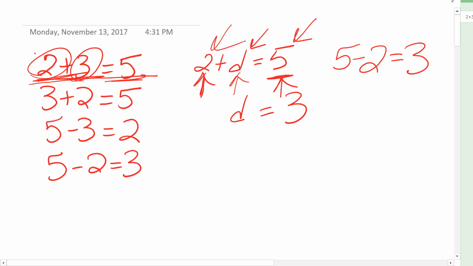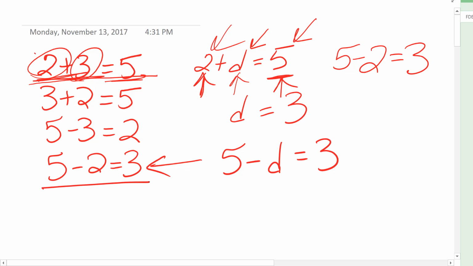If you have a subtraction problem like 5 minus 2 equals 3, say you had 5 minus d equals 3. How are you going to find out what that d is? You know it's 2 because you know this situation. But if you just had the 5 and the 3, what would you do to get 2? You would take the 5 and subtract 3, and that would give you 2.